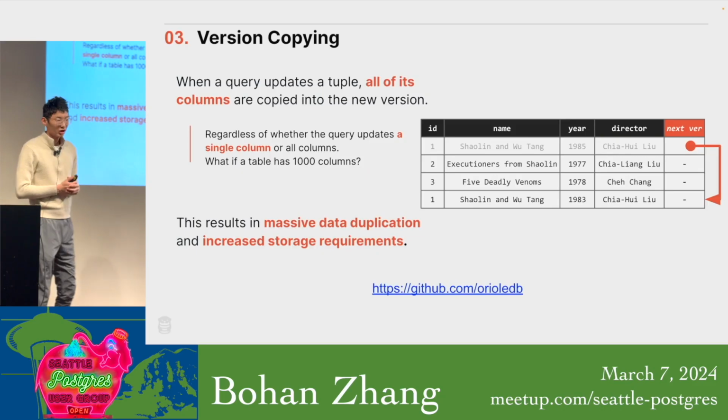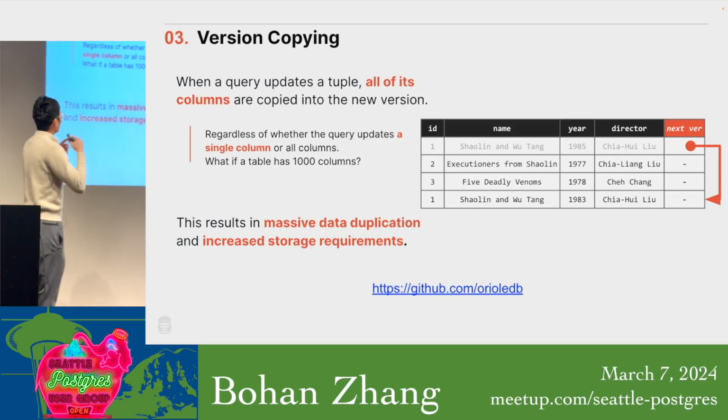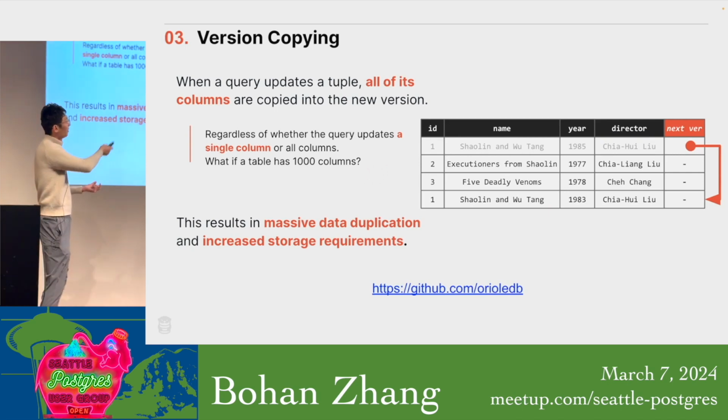The first problem is version copying. When a query updates a tuple, all of the columns are copied to the new version. In this example, we only update the column year. It's just one column, but we need to copy all the other data, right?